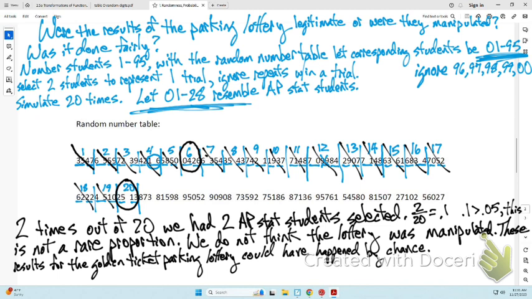So you have to decide up front how many times you're going to do the process and compare the proportion to 0.05. If it's larger than 0.05, we're not shocked by results. If it's smaller than 0.05, we are shocked by results. And in this case, suspect manipulation, unfairness.